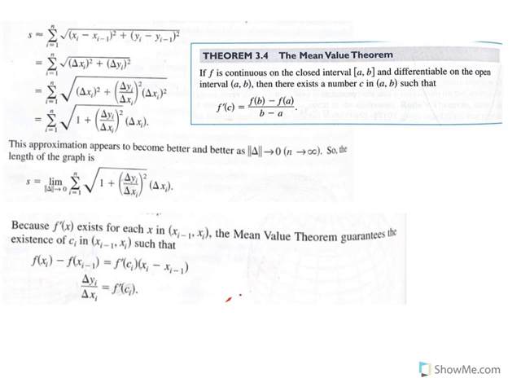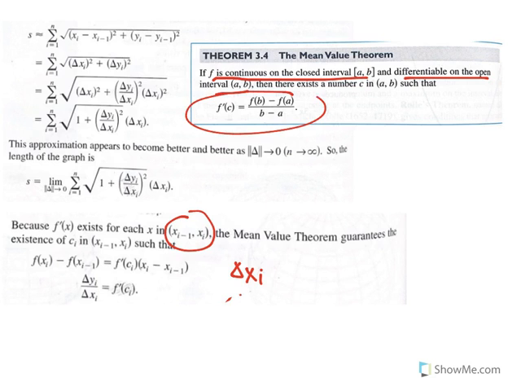So again, we have differentiability of our function on the open interval from a to b, and that implies continuity of the function, and we're looking at this particular interval, the ith subinterval of our partition.